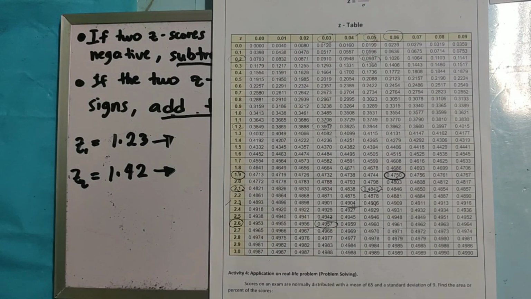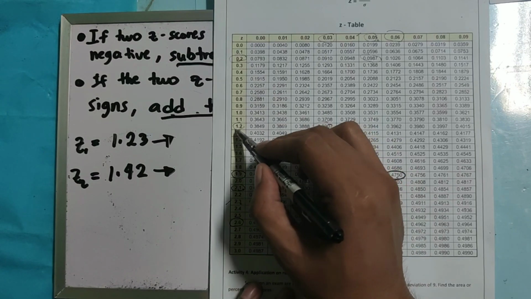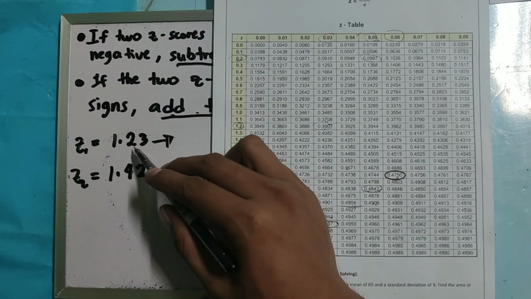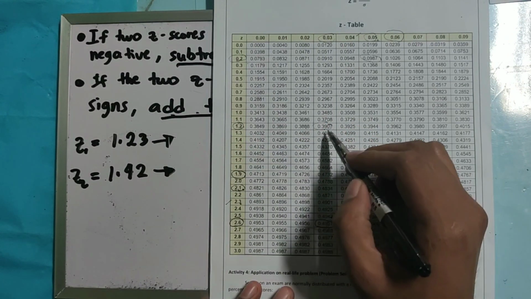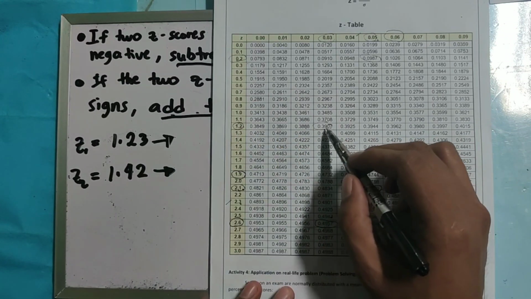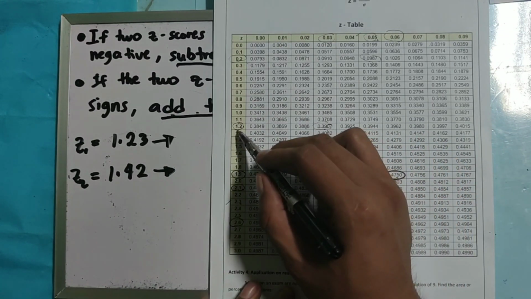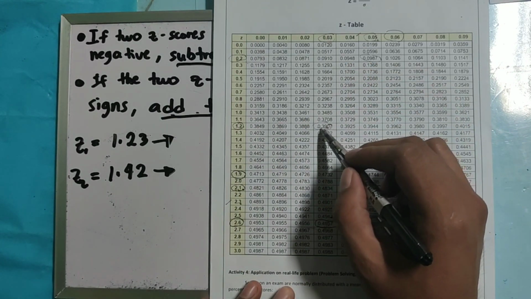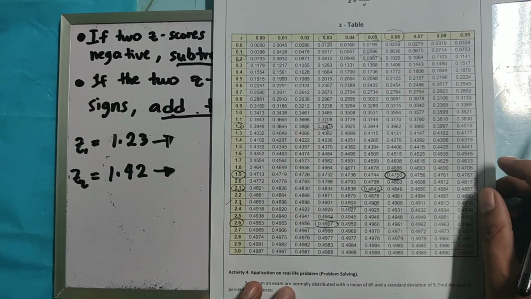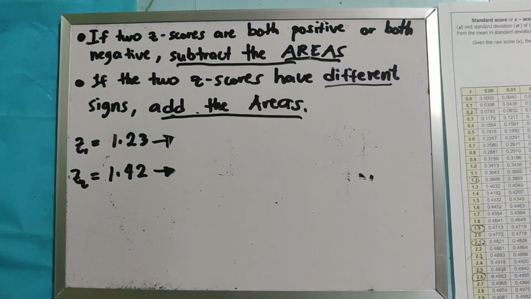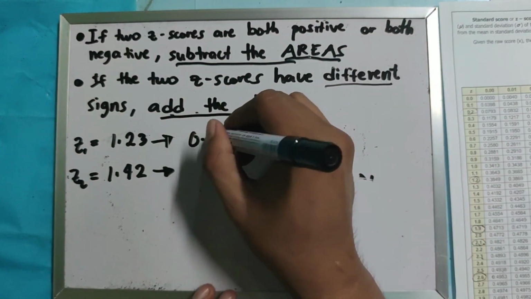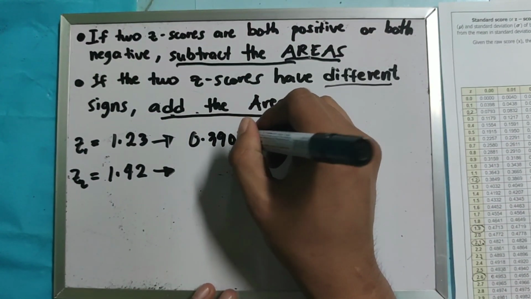So, 1.2, nasaan? Dito si 1.2. 0.03 here. So 1.23 is 1.2 and 0.03. So that is 0.3907.